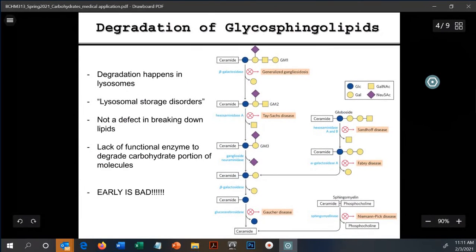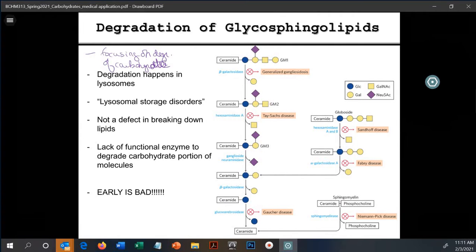Okay, so let's take a look at this degradation pathway. And this degradation pathway that you're looking at here is focusing on degradation of the carbohydrate.